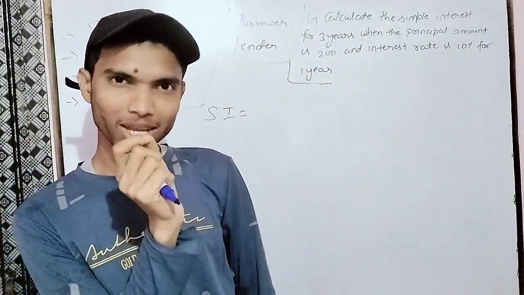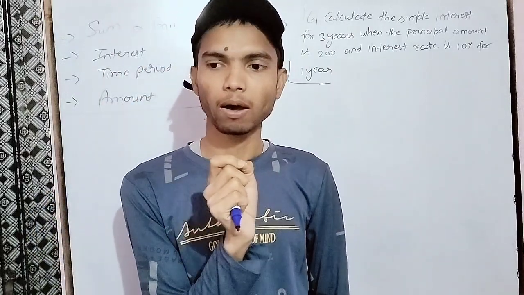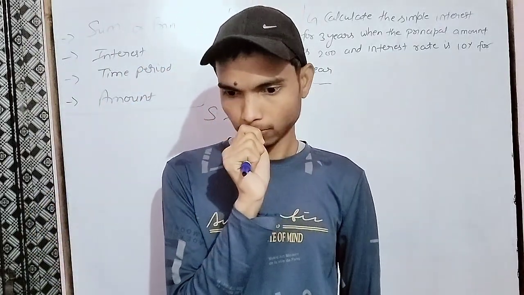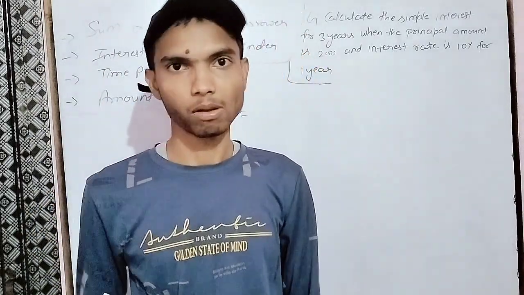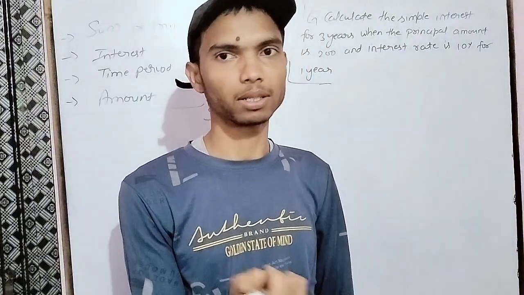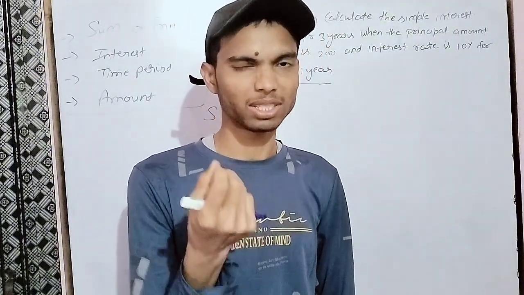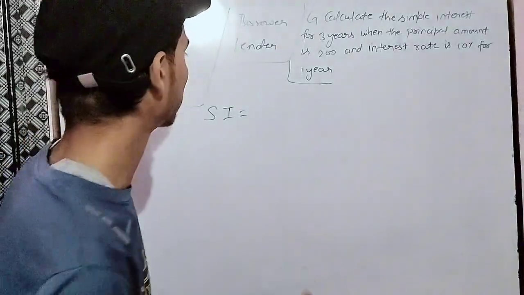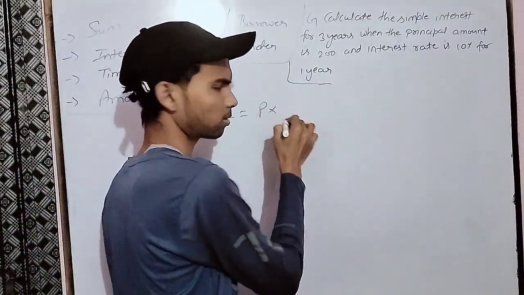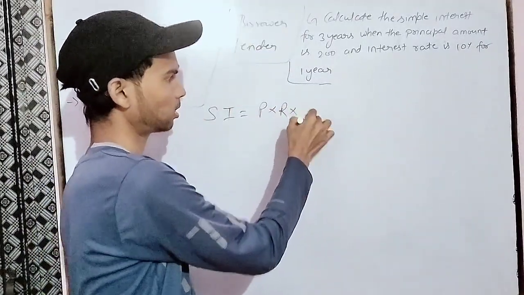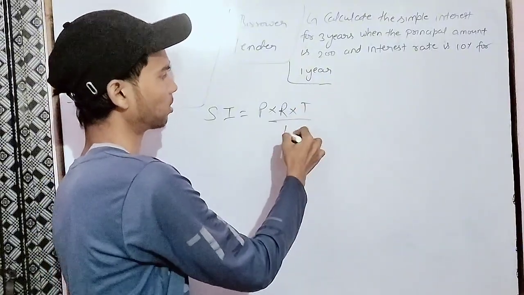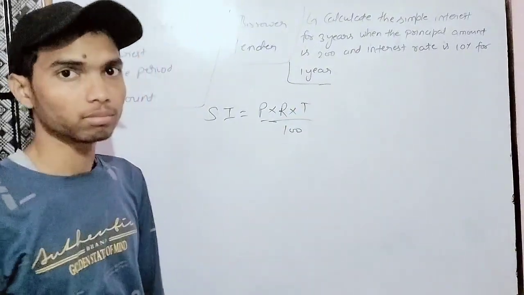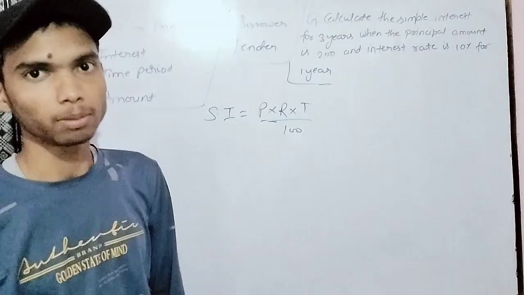By using this we can find how much the simple interest would be, not in percentage. So P R T upon 100. This is the formula for finding simple interest.